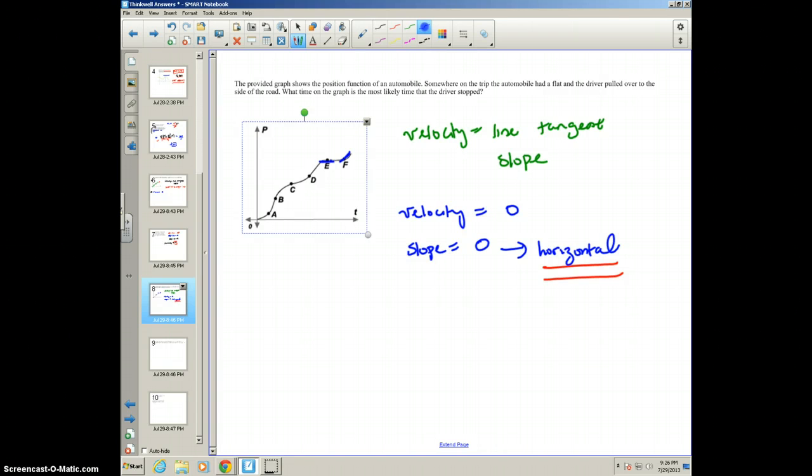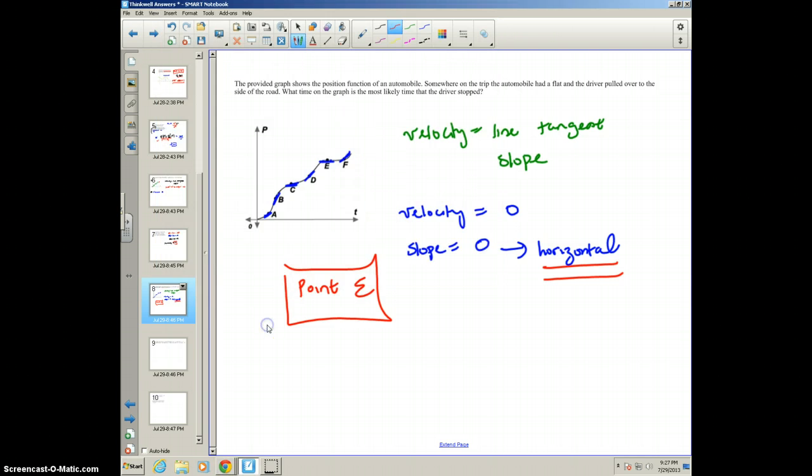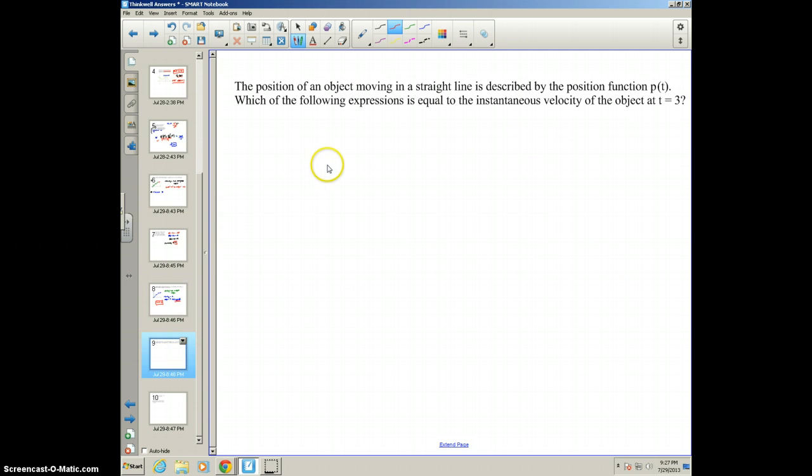Just to make sure, we'll check the other spots. D has a steep line tangent. C has a somewhat horizontal, but not quite. B is steep, and A is somewhat steep. So the correct answer would be point E. And that is our answer to this problem. We can check this in our Thinkwell, and we can see that time E, or point E, is the correct answer. So, we'll move on to another problem.